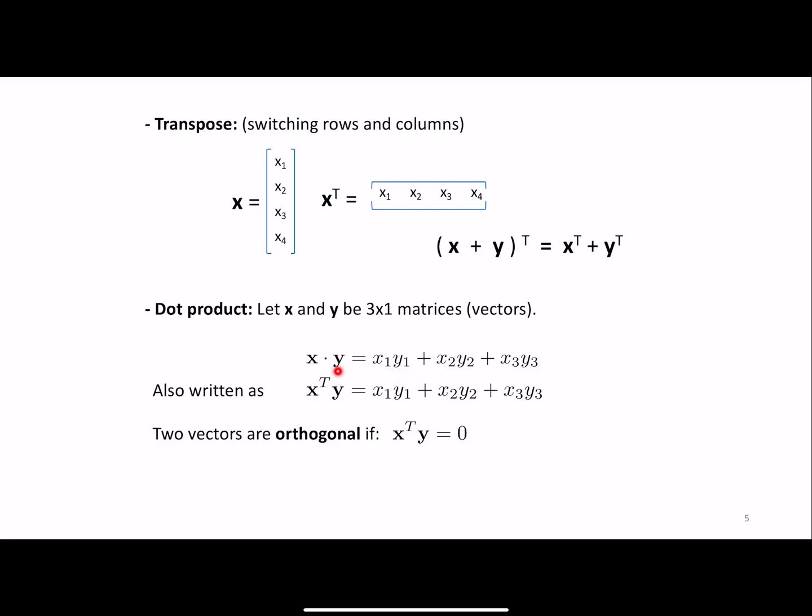There are two ways to write this. Sometimes it's written with a dot in between the vectors. Sometimes we also write it as x transpose y. This should be understood pretty much as a definition.